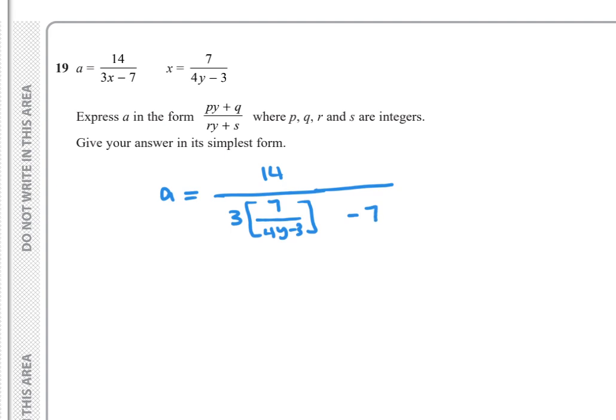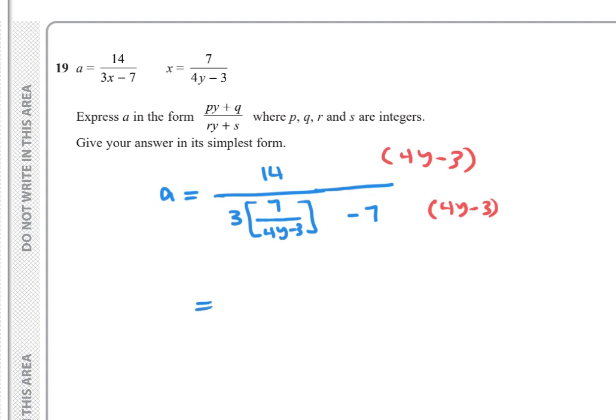Now to eliminate this denominator, multiply the numerator and the denominator by 4y minus 3.